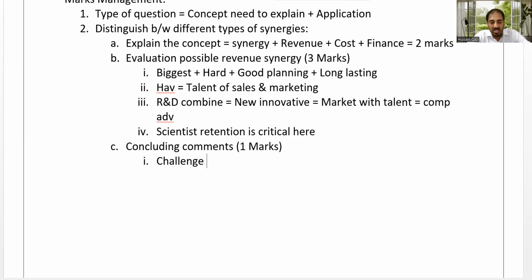You have to challenge the facts in terms of post acquisition synergy and sustainability.